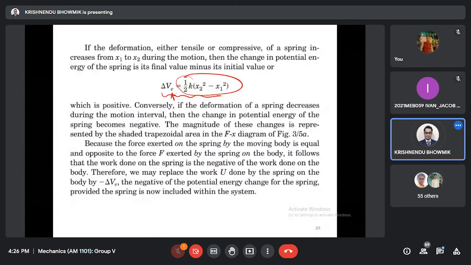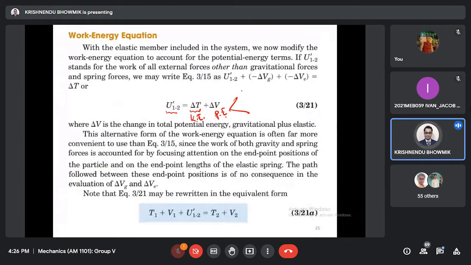We write Vg and Ve. So the work done will be the change in kinetic energy plus the change in potential energy. We can write it this way.